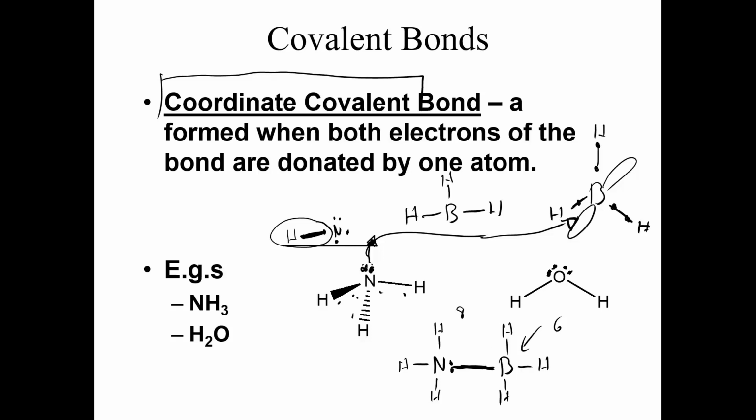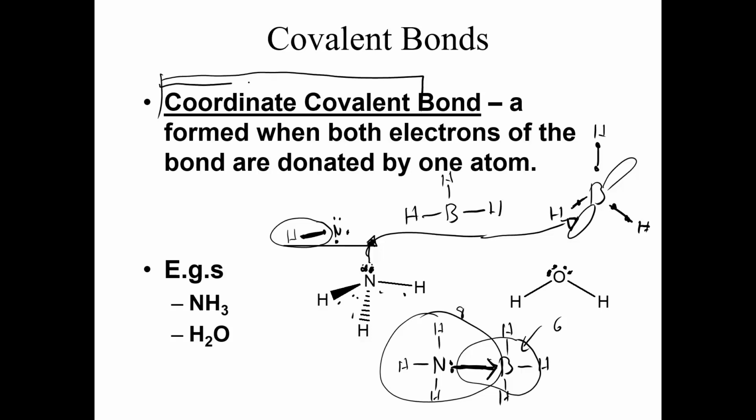Once you draw that bond in, you can't tell that this is a donor bond, so if you want to indicate that, you draw a little arrow showing where these 2 electrons come from. It doesn't hurt the nitrogen, because whether the lone pair is there or a bond, it still has 8. But boron gets 8 from forming that. So the incentive here is that boron wants that electron density and will form this coordinate bond.